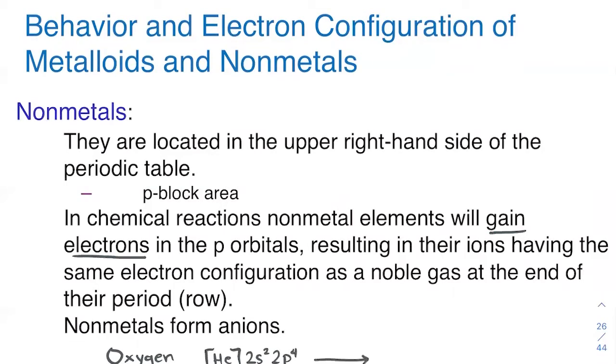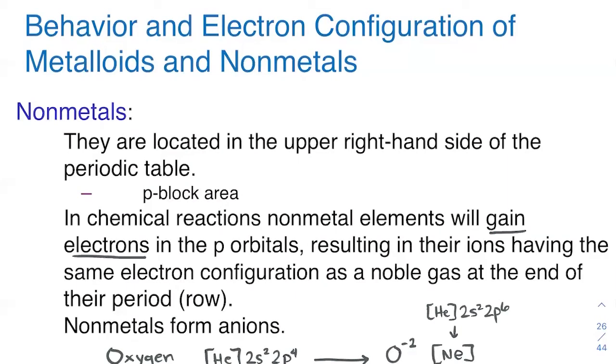It will gain 2 electrons to become oxygen with a -2 charge, and that becomes neon's electron configuration. If you wanted to write it out, it's helium 2s2 2p6, and that is just the next noble gas, neon. So there is a stability there again.